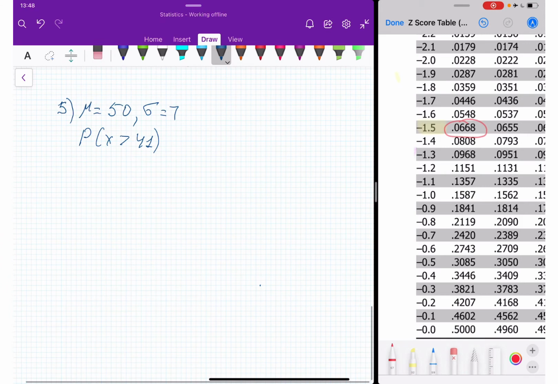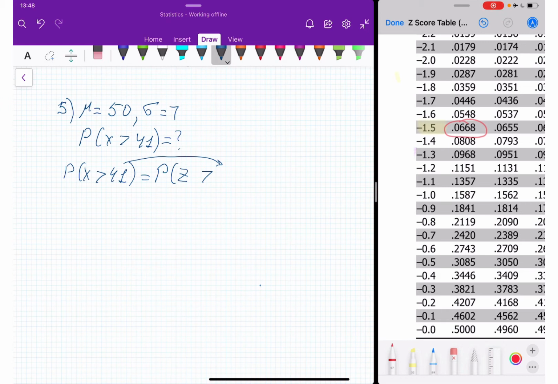Okay, so first of all, probability for x greater than 41 will be represented by probability of z-score, which will convert 41 to, we'll see what it's going to be.